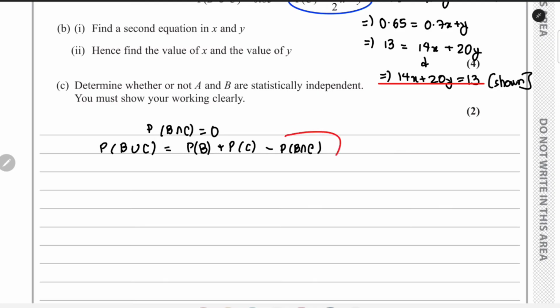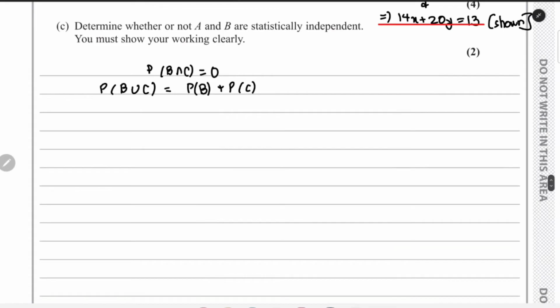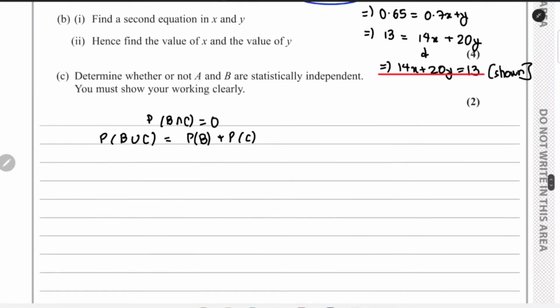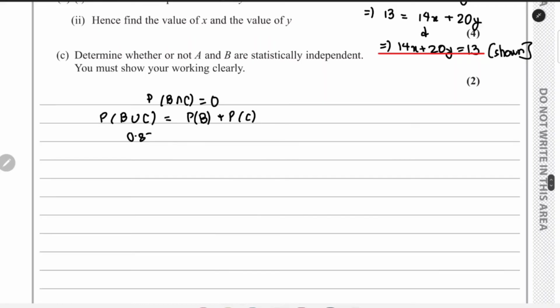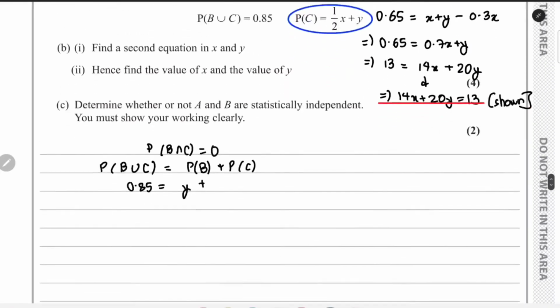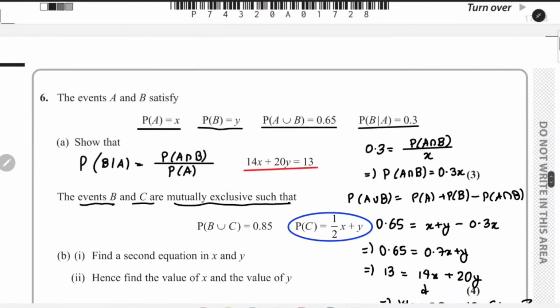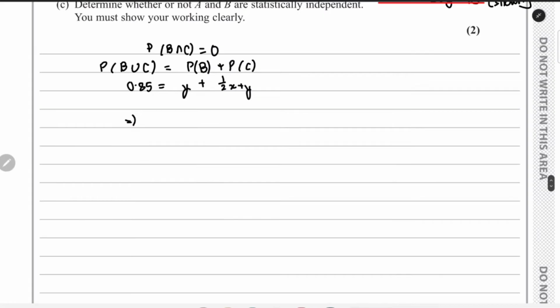So this whole thing over here is 0, so we can just erase this. Now probability of B union C is given as 0.85. Probability of B is y, and probability of C is half x plus y. So we'll get 0.85 equals half x plus 2y. So this is the equation.